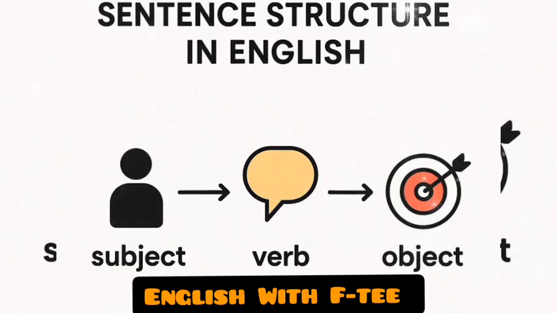The complement which expresses the quality or identity or condition of the subject is called the subject complement. For example, she is a doctor. Doctor here is the complement, the subject complement of this sentence.